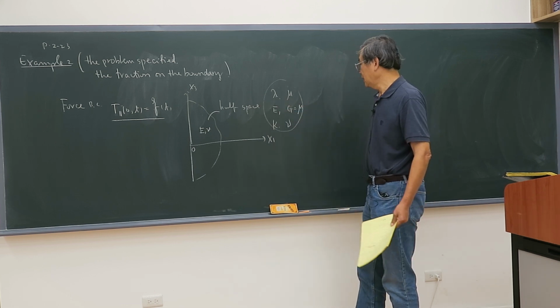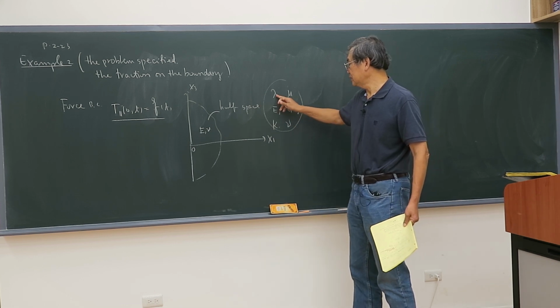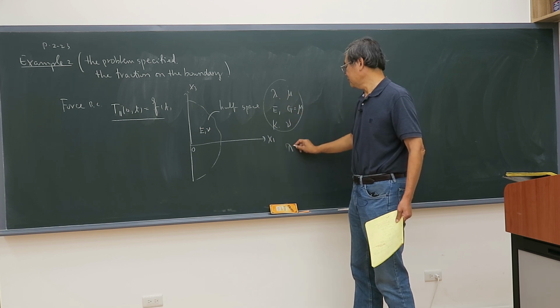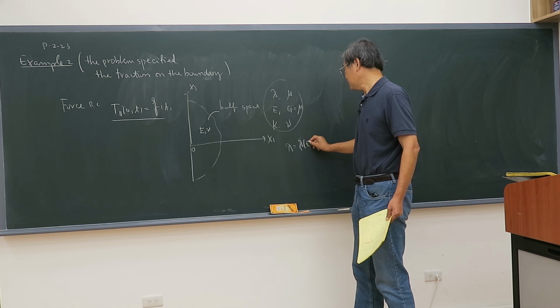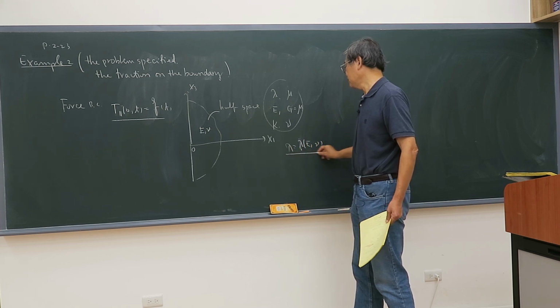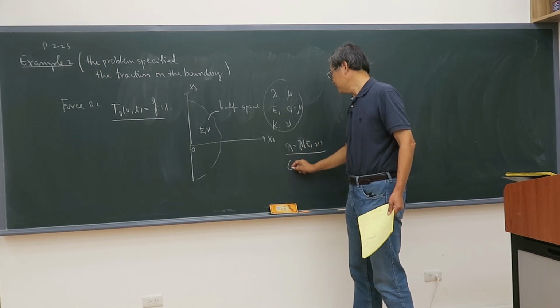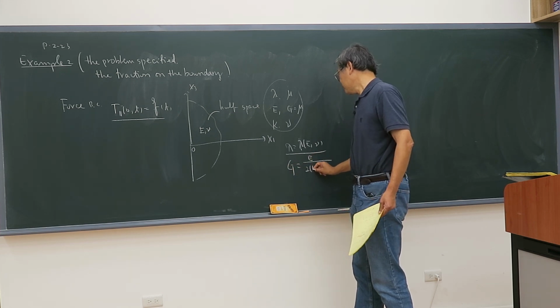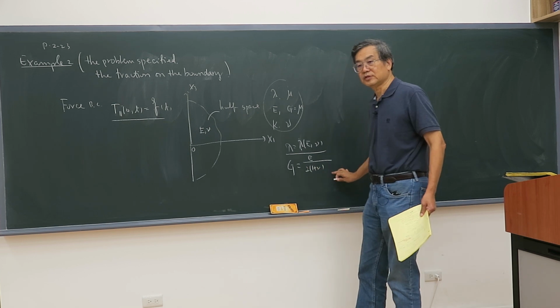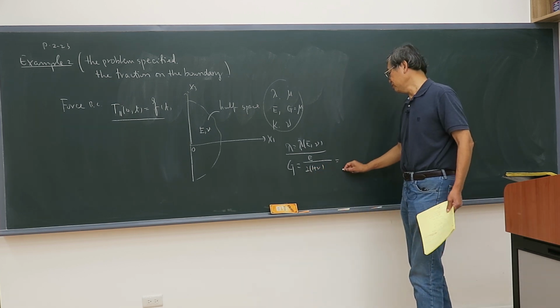Each one can be written in terms of the others. For example, lambda can be written in terms of Young's modulus and Poisson ratio. I'll show you later. And you know the shear modulus is equal to Young's modulus over 2 times 1 plus nu, right? And this is equal to mu.